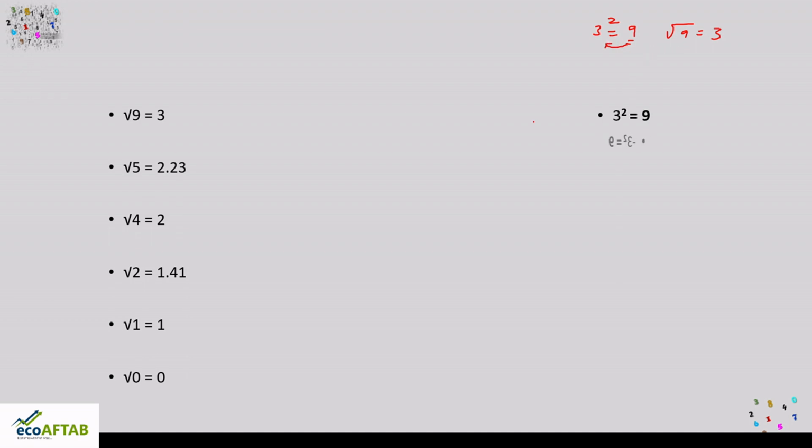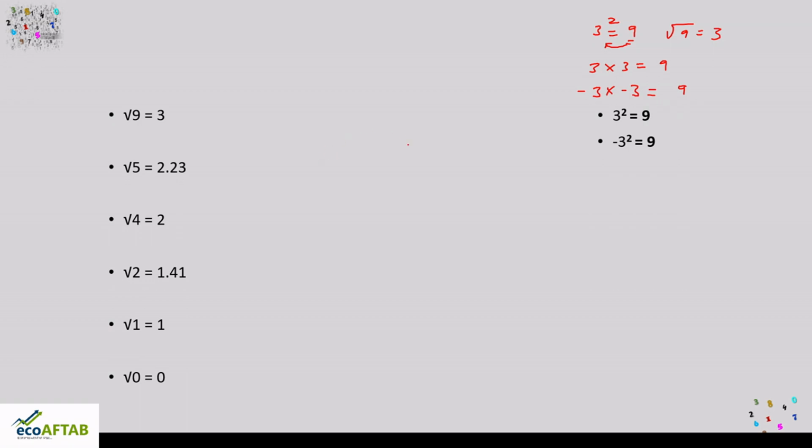Similarly, what is the negative square? If I write 3 square, you can see 3 square is 3 into 3, that is 9. Similarly, minus 3 square, that is minus 3 into minus 3. Minus into minus becomes plus, and 3 into 3 becomes 9. So you can see both the answers are the same.